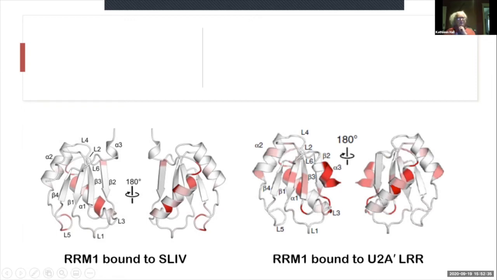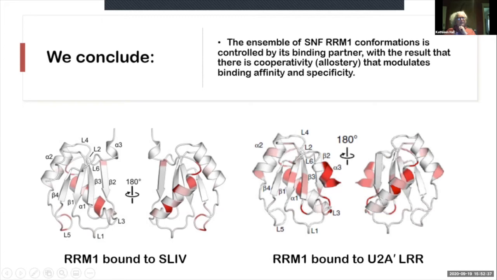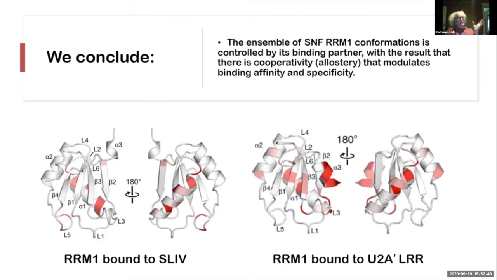So what we would suggest is that the ensemble of conformations of RRM1 is controlled by its binding partner. And the result is that there's cooperativity, and we would say this is allostery, that modulates the binding affinity and specificity, because this is really a case of conformational capture in terms of allostery.